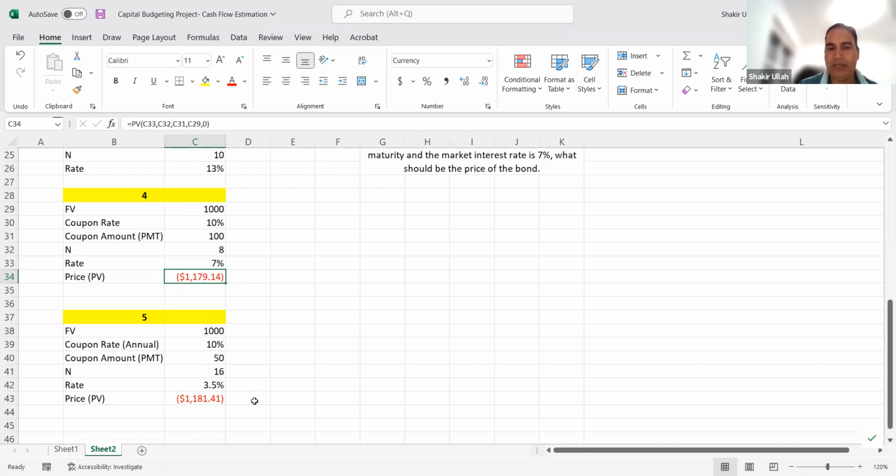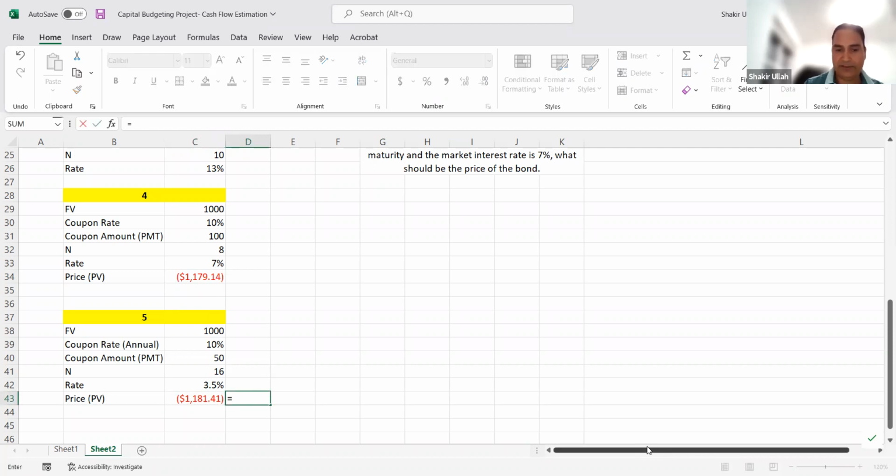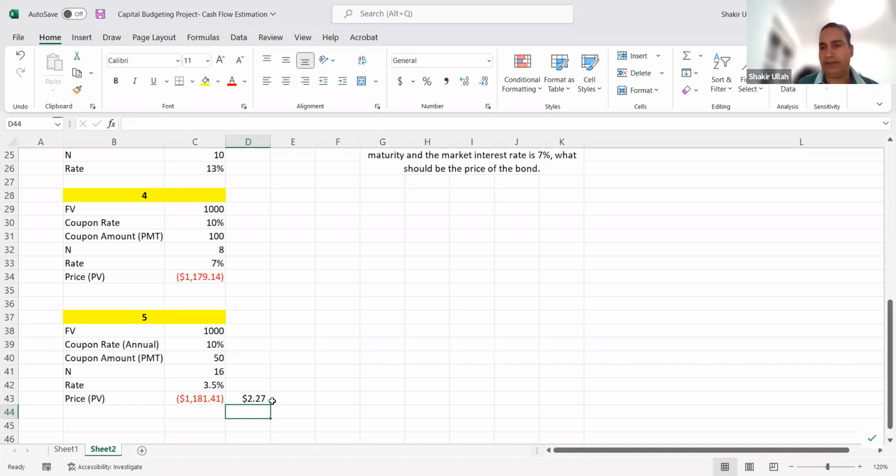So the semi-annual payment bond is a little more expensive, because you earn interest on interest more frequently. The difference is that value minus this value, which is $2.27, right?